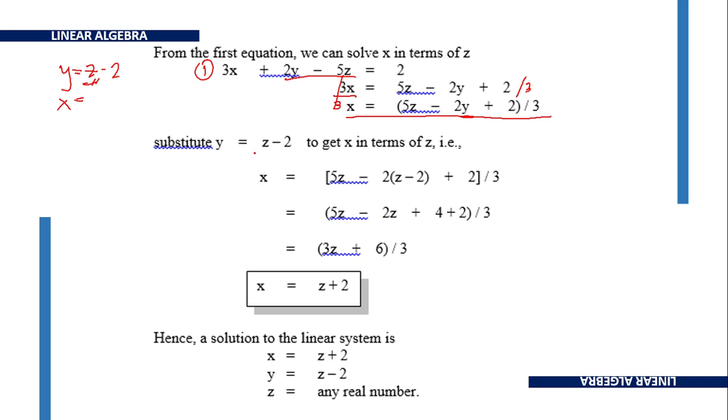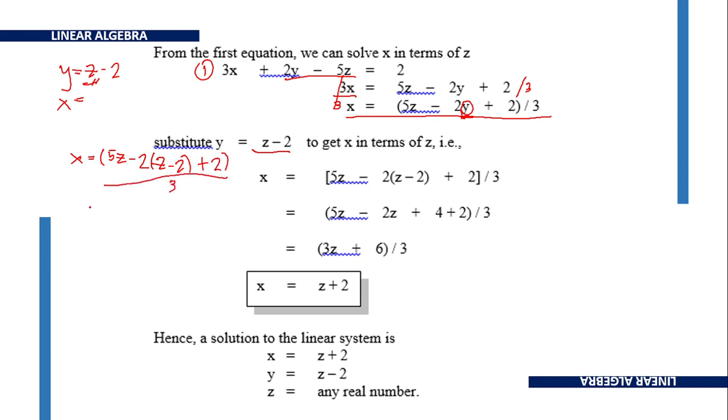Substitute lang natin yung y, which is equal to z minus 2, to get x in terms of z. Sulat ko dito para makita nyo din. So, x is equal to (5z minus 2 times (z minus 2) plus 2) divided by 3.